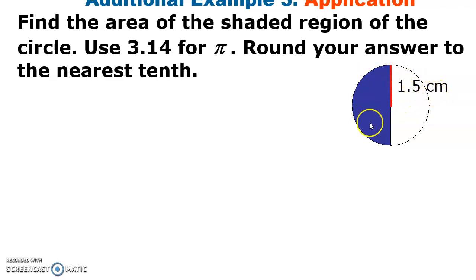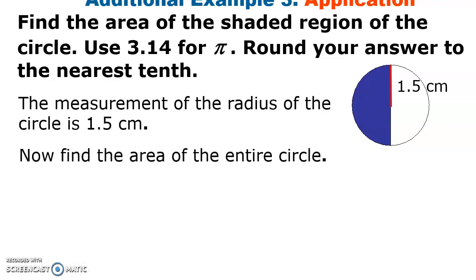We want to only find this blue shaded area of the circle. Looking at that, it looks like that's about half the circle. So what we're going to do is find the area of the whole circle, and then we're going to divide it in half. Divide by 2 or multiply by 1/2. It's the same thing.